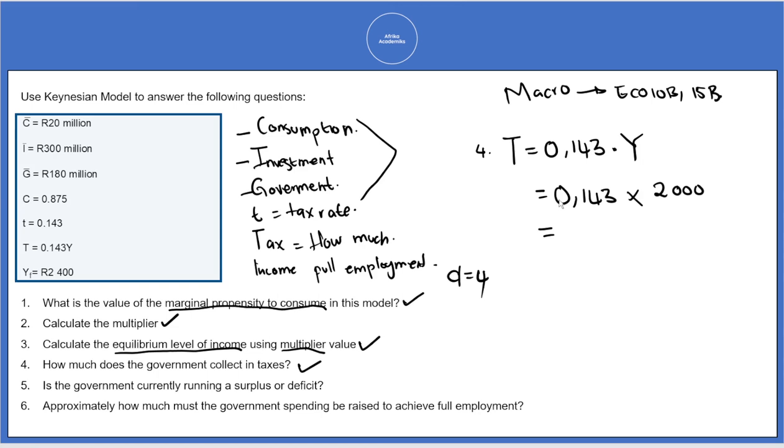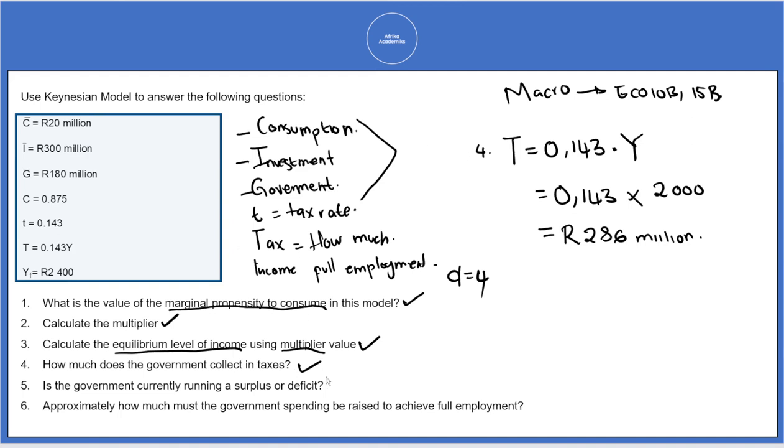So you'll say 0,143 times 2000, and then you'll have 286 million. That is how much tax the government has collected, because remember the government collects tax from people's incomes, right? Hence we had to use the equilibrium income and then the tax rate. That's how we got the tax.